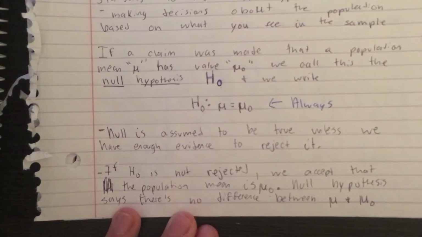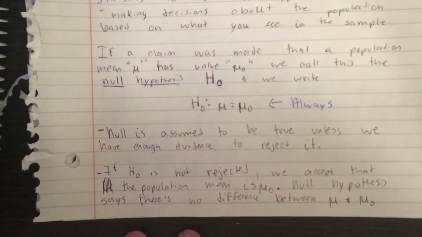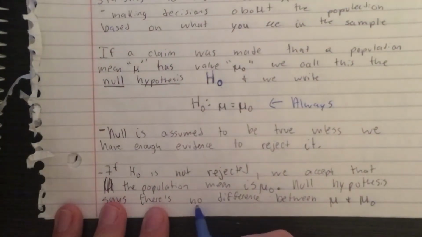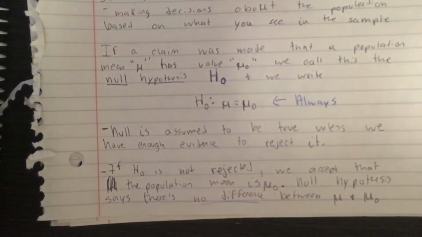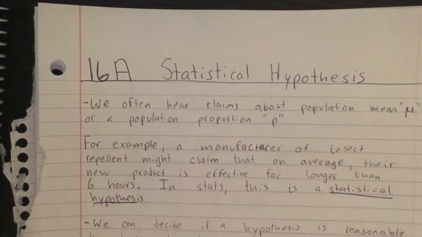If the null hypothesis is true, there's no difference between the mean mu and the mu naught that they're claiming. And the important thing is claiming. We don't know factually that it's true until we conduct a hypothesis test.